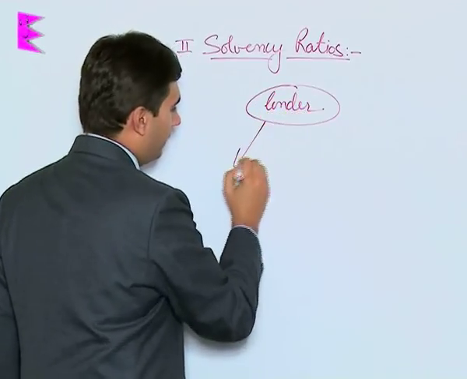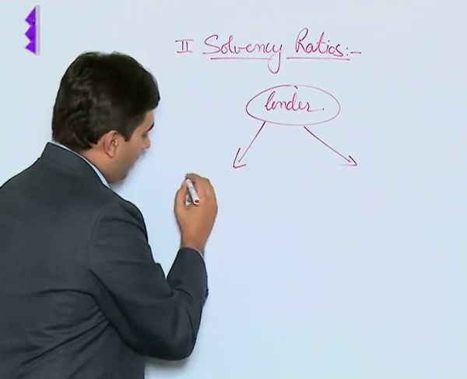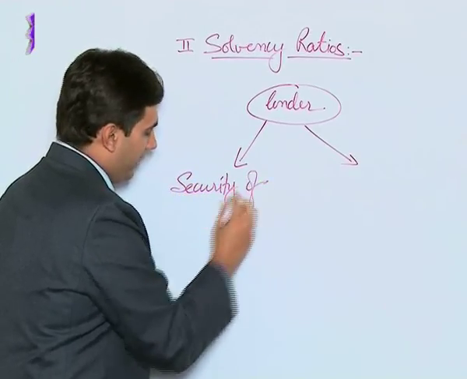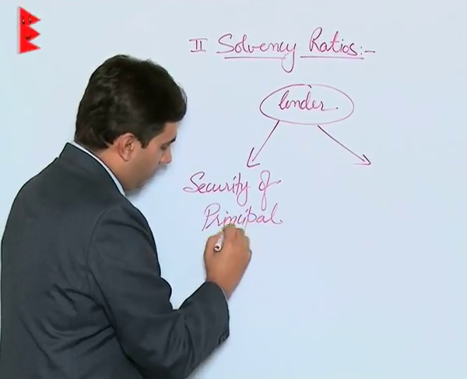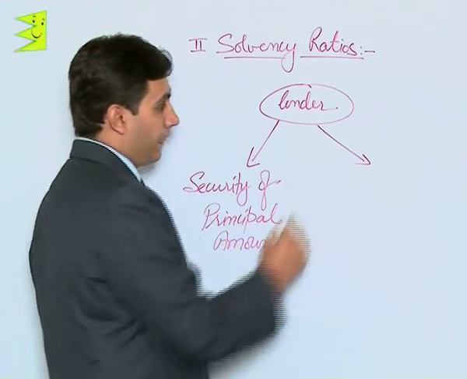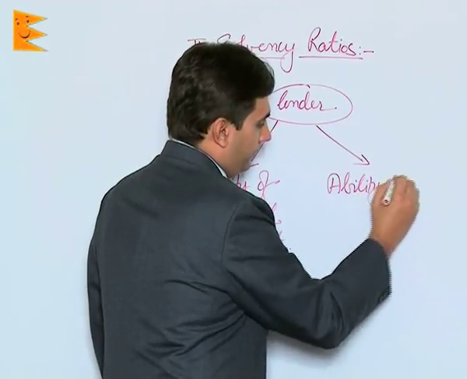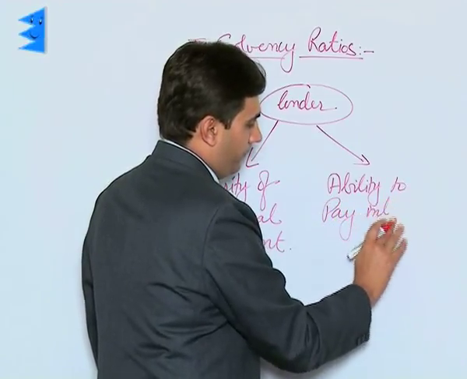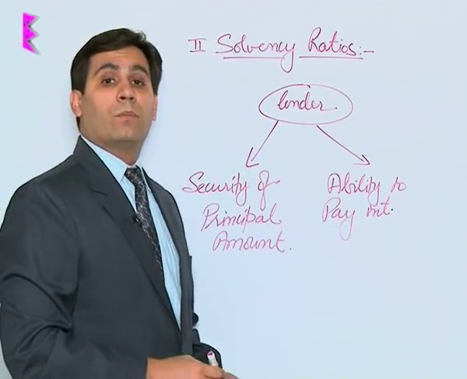So he will be interested in two parts, and those two things are security of principal amount and ability to pay interest. Ability of the business to pay interest on the amount that it has borrowed.